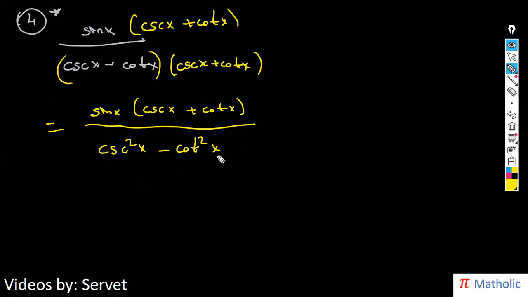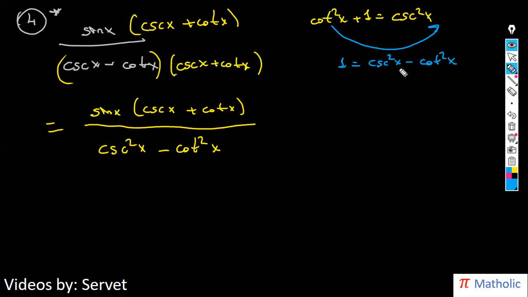So let's check this one. As we know, cotangent squared plus 1 equals cosecant squared. So from here, if you shift cotangent squared to the right side, you'll get 1 equals cosecant squared minus cotangent squared. So instead of this part, I can write 1.